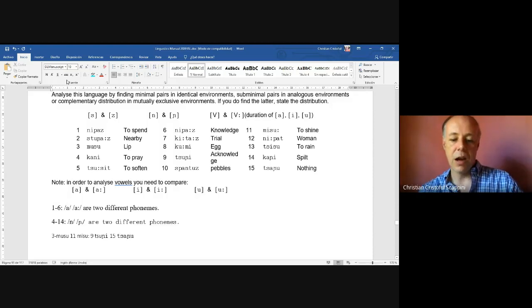So all of these are examples of sub-minimal pairs, which means that the sounds U and E might be phonemes.